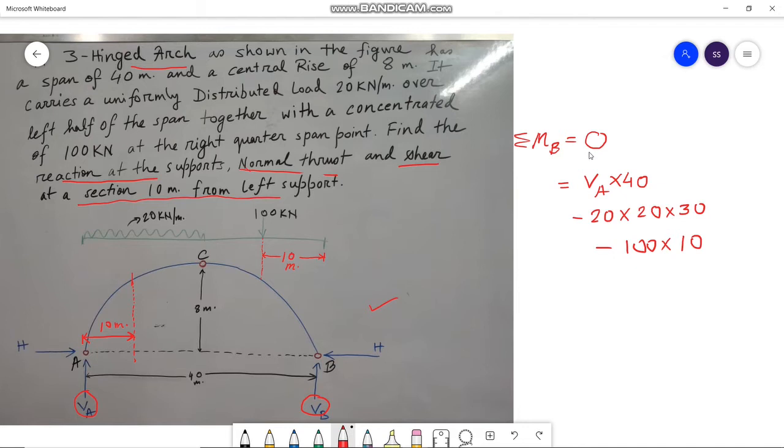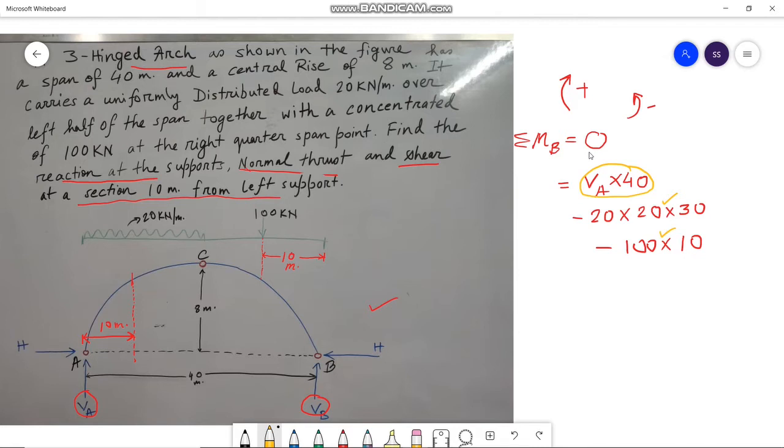We are considering the moment caused by the vertical support at A as positive, because we are taking the clockwise moment as positive and the anti-clockwise moment as negative. So this particular moment is in the clockwise direction and this moment is in the anti-clockwise direction, followed by this moment.